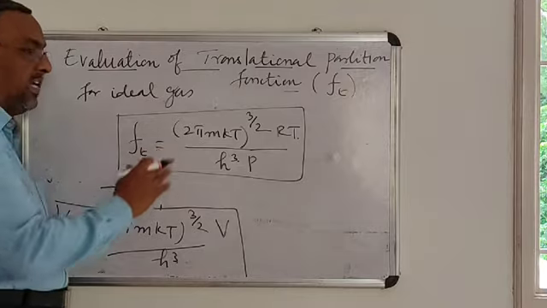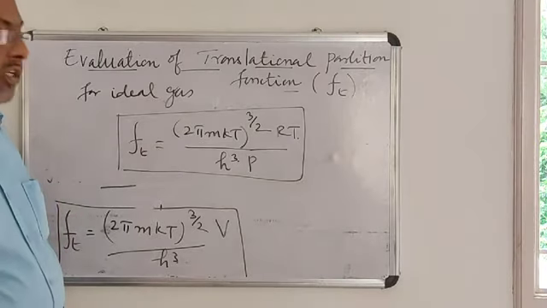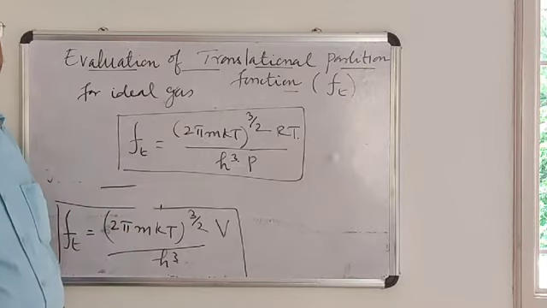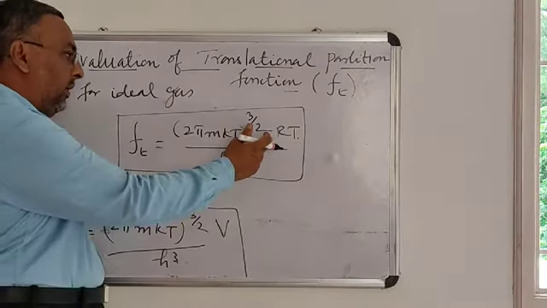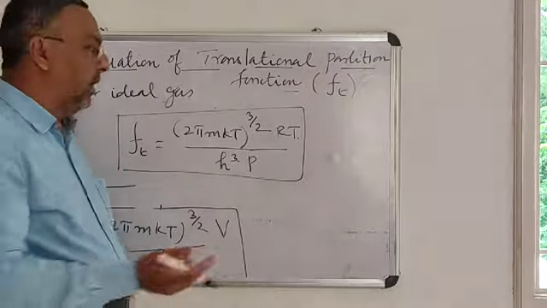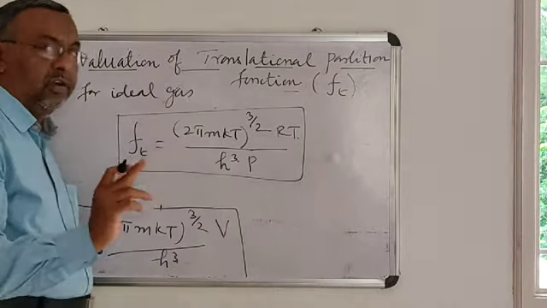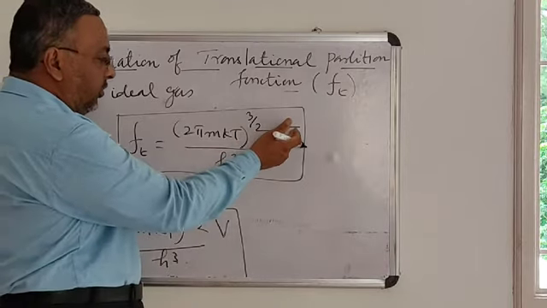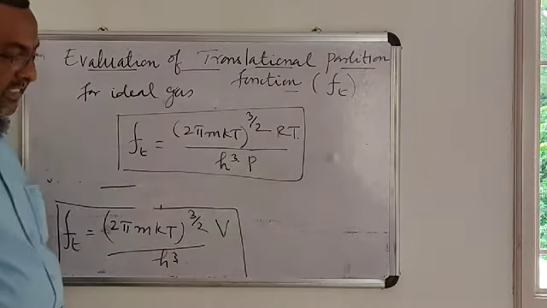This expression gives the total translational partition function of a molecule. If it is non-ideal, instead of RT by P, we use only V, volume. For ideal gases, we have to use RT by P in this expression.